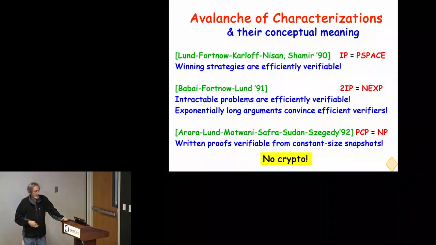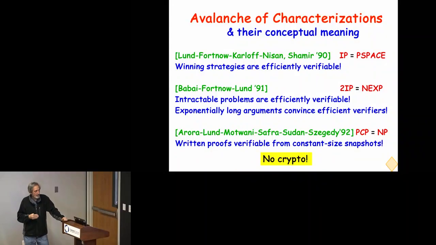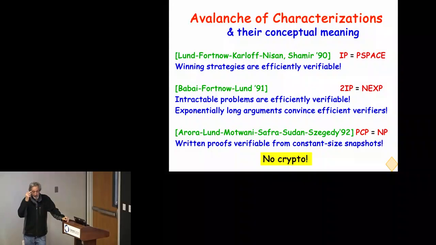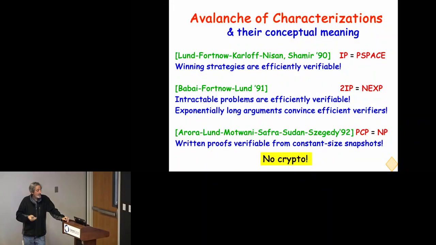And I'll get to the third statement soon, but I want to say that in all these statements, they are full of technical words about resources like space and time, but they all have conceptual meanings that are pretty, I think, surprising. For example, the first statement really says that winning strategies in games can be efficiently verifiable.